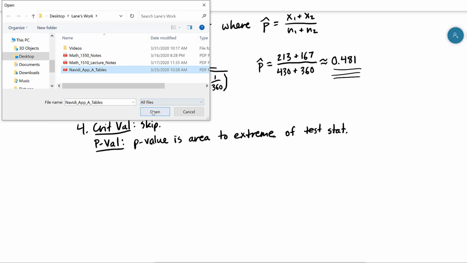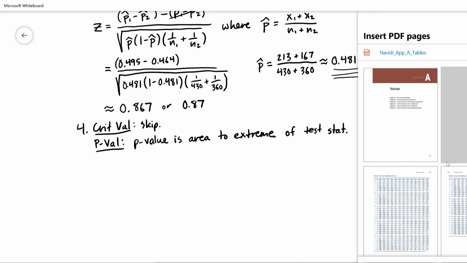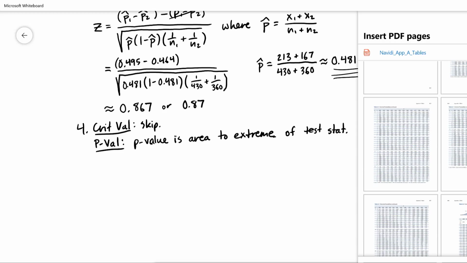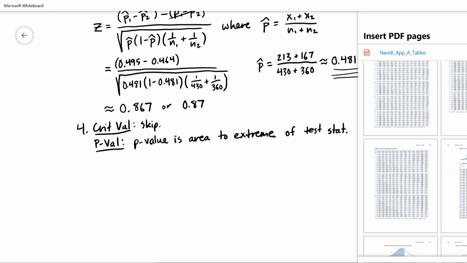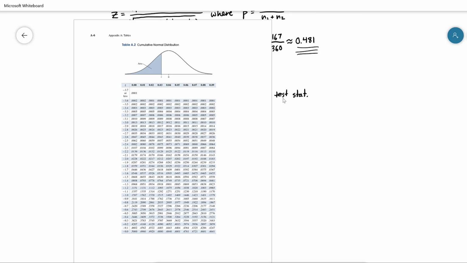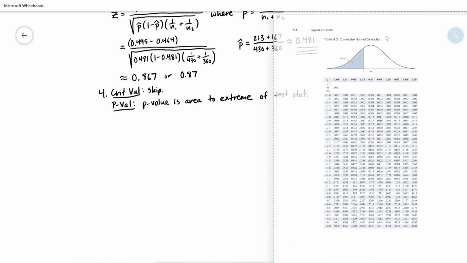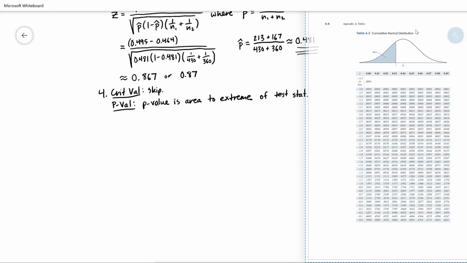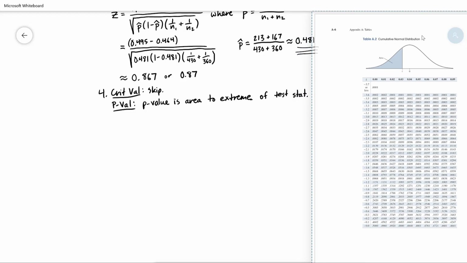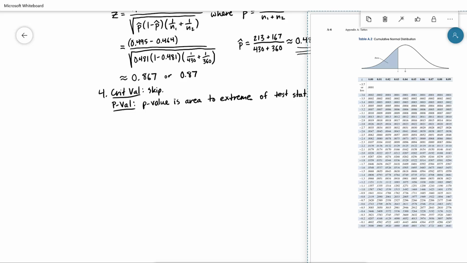So let's open up these tables again. Let me just do this one. I can get away with just doing this one. So here is part of table A2. Again, I'm using this one to show, let's move it over to the side. I think we can still see it on our screen.